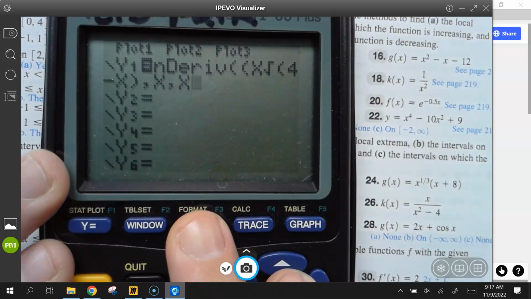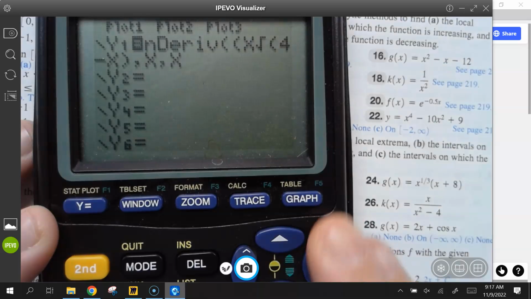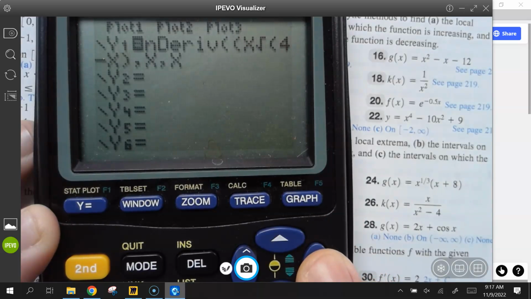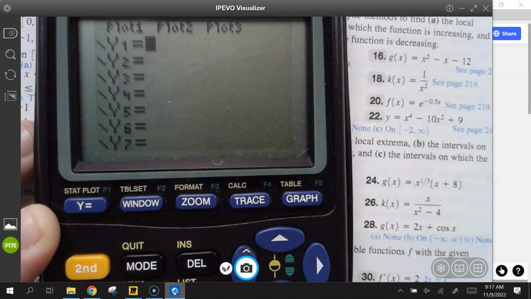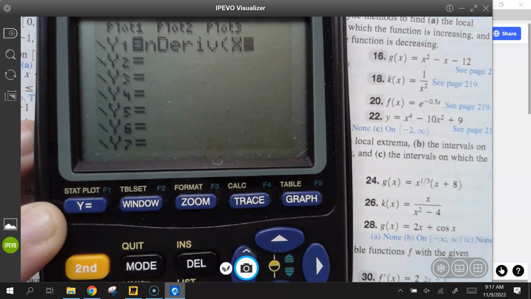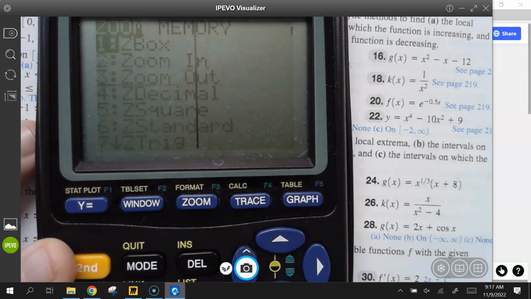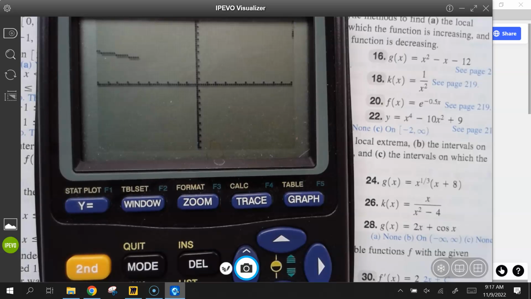This one I'm going to do just a normal zoom. There's my 8/3.